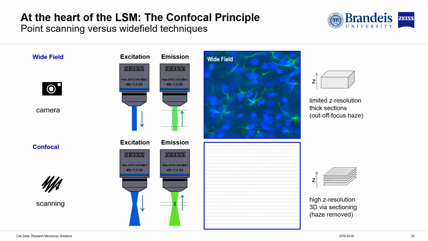We love working with fluorescence because it gives us very specific targets with wavelengths that we can easily separate from each other. So we can very specifically target different structures of interest. But this background haze can really limit the resolution capabilities of the systems that we're working with, no matter how good our optics are.